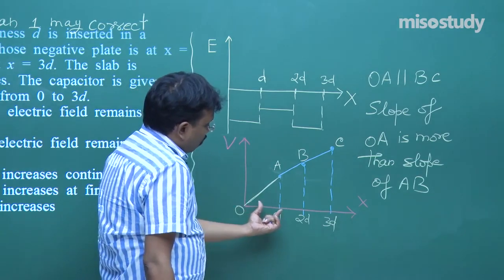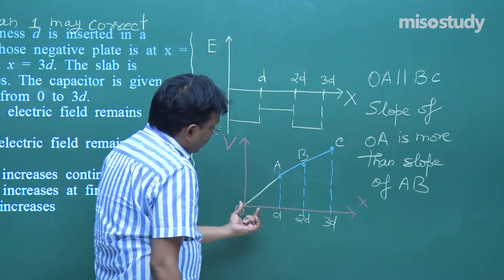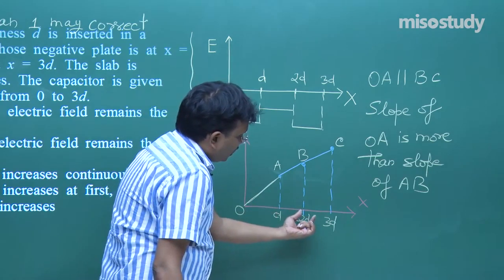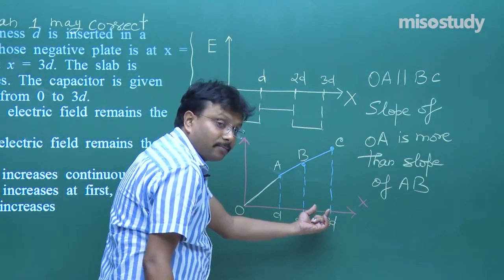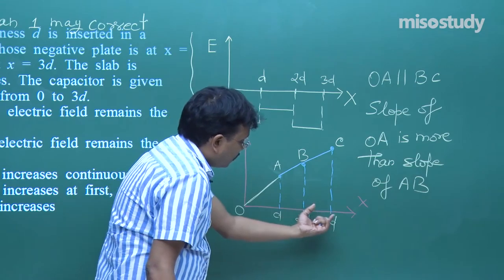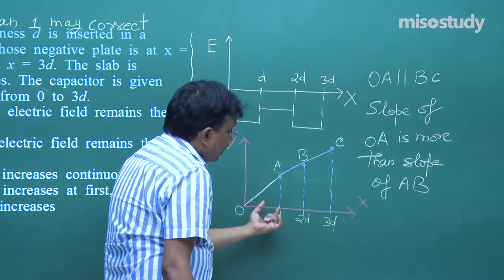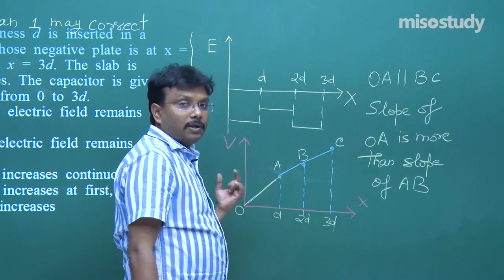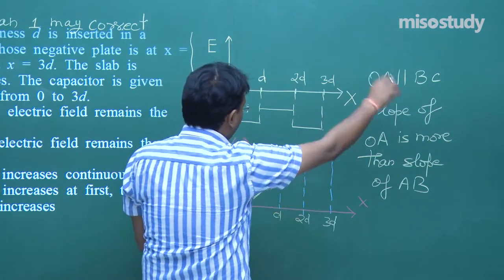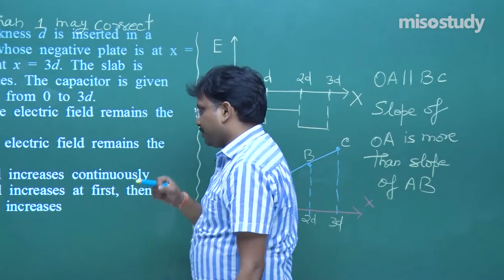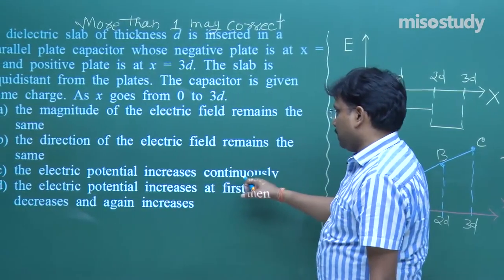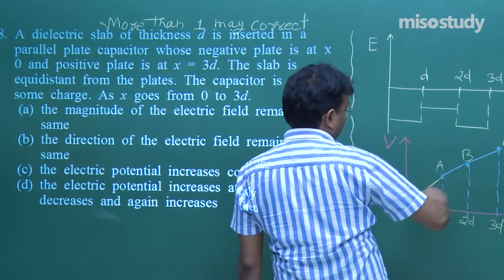Fine. So because of this reason, E in OD is equal to E in 2D to 3D, so this field and this field. Therefore, E in OD is greater than E in D to 2D. Okay. So on the basis of this analysis, we can say that electric potential increases continuously.